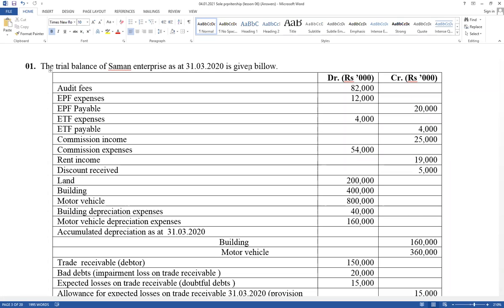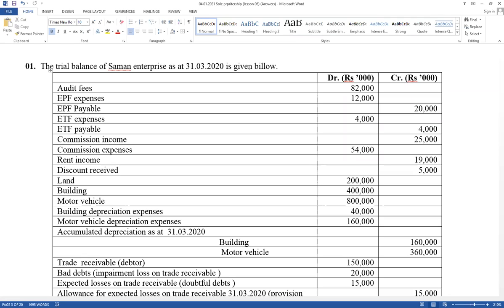Right, today I'm going to discuss how to prepare the financial statements of the sole proprietorship. Only one owner is available. In accounting, we are going to provide information to interested parties. Think about stakeholders: employees, customers, suppliers, managers, financial institutes, government.